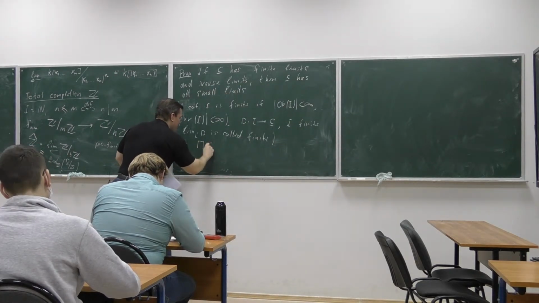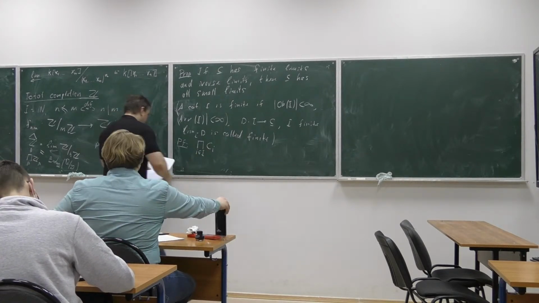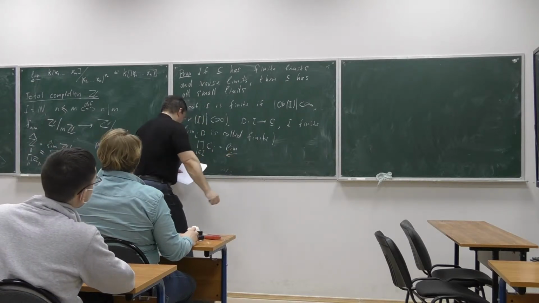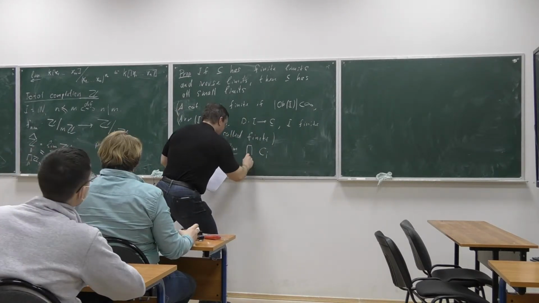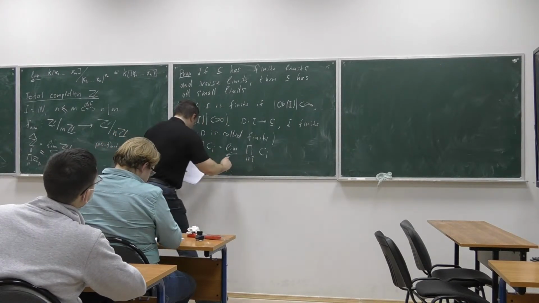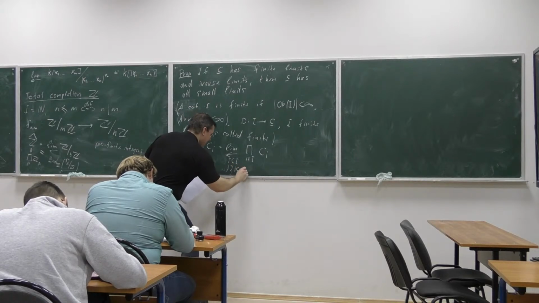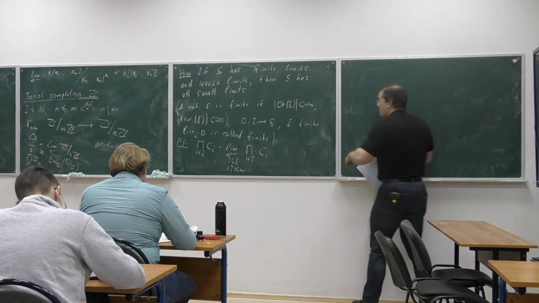If I want to compute a product indexed by some set I, this is the inverse limit of the finite subproducts. So essentially this one formula is a complete proof of this statement.